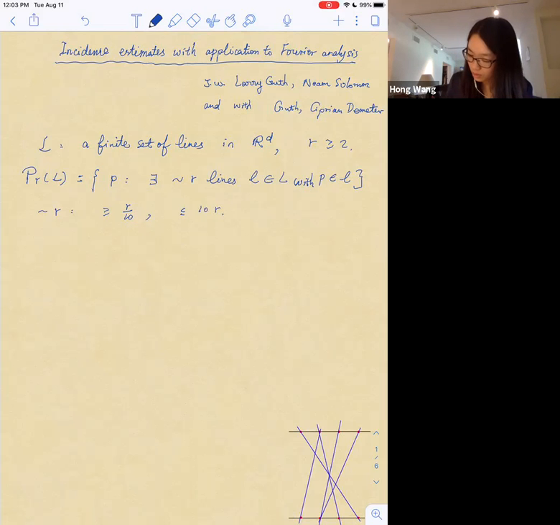And when the dimension d is 2, we have the classical Szemerédi-Trotter theorem.